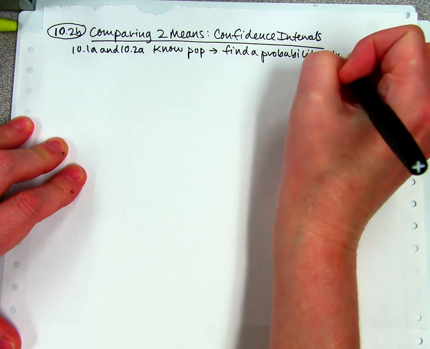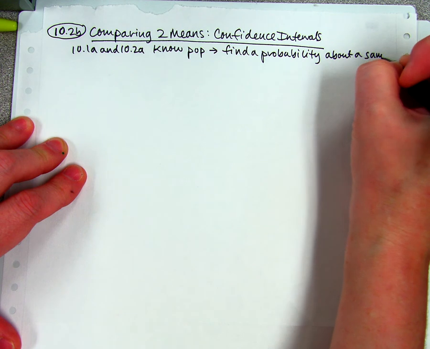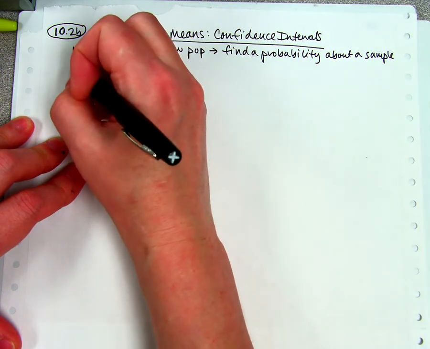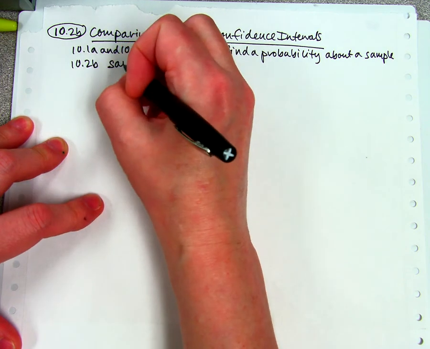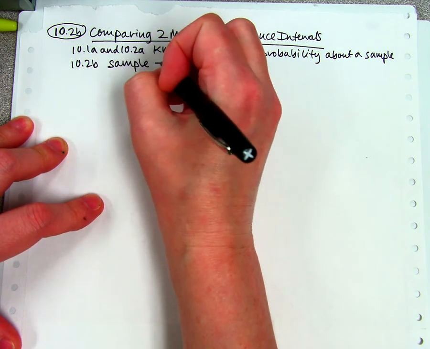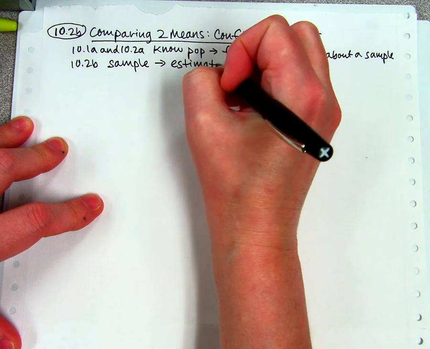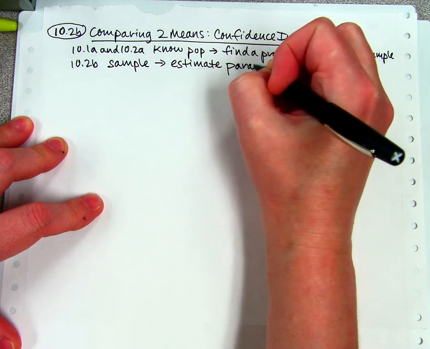So we've done that twice now for proportions and means. And in 10.1b and 2b, specifically 10.2b, which is now, we're going to take our sample values and use them to estimate a population value. So we're just going backwards, which is actually way more common, that we would know the sample value.